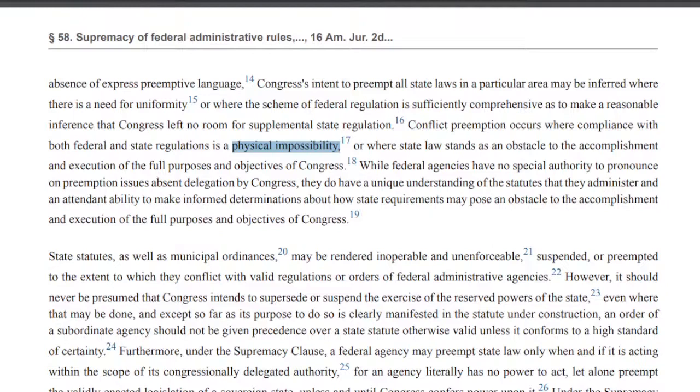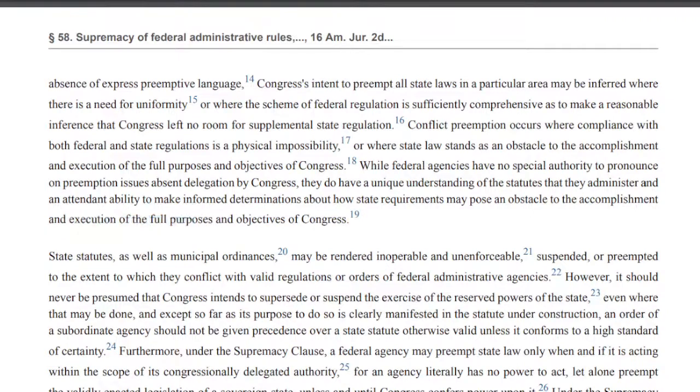Okay? While federal agencies have no special authority to pronounce on preemption issues absent delegation by Congress, they do have a unique understanding of the statutes that they administer and an attendant ability to make informed determinations. Remember, determinations are considered final decisions in law about how state requirements may pose an obstacle to the accomplishment and execution of the full purposes and objectives of Congress.